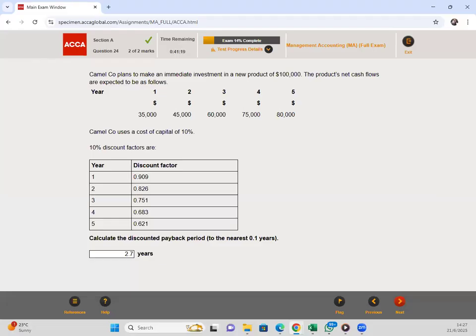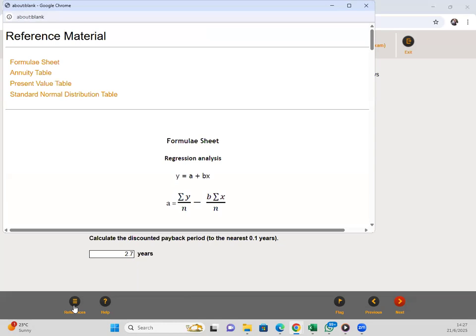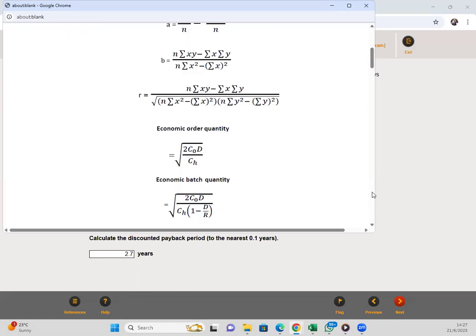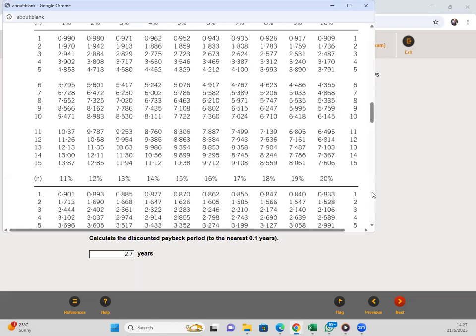So in your exam, there is this bar here. You can check the formulas here. I think you don't need to calculate it, you can just use the table because you'll be given it.